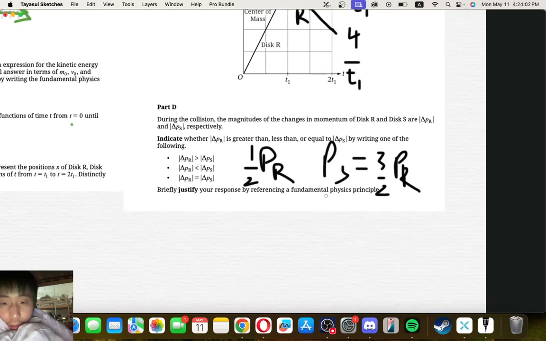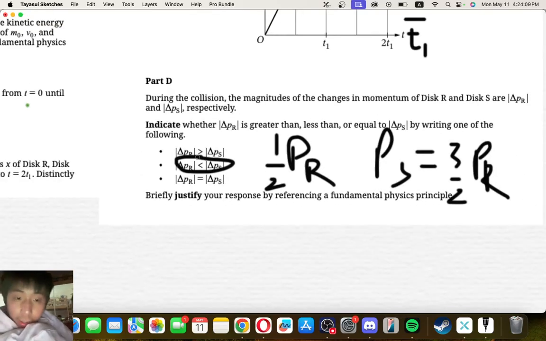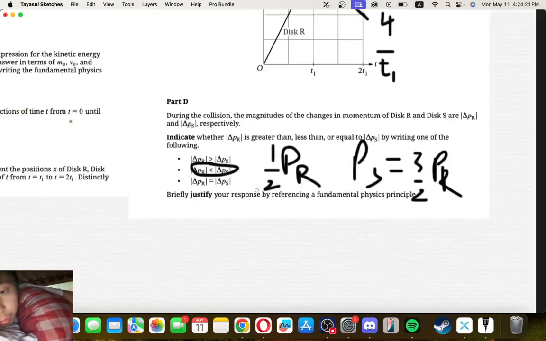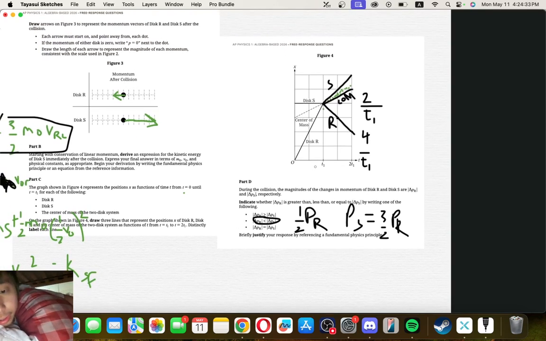So for the explanation, you'd be circling this one as the physical fundamental principle. We can say by the principle of conservation of momentum, the impulse of PS must be greater than PR's, because wait, hold on.